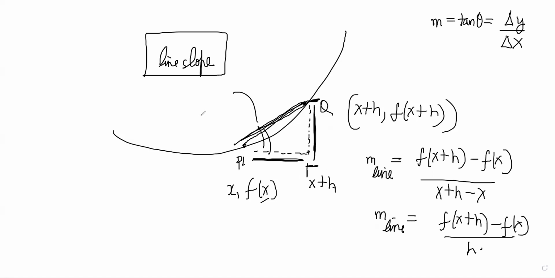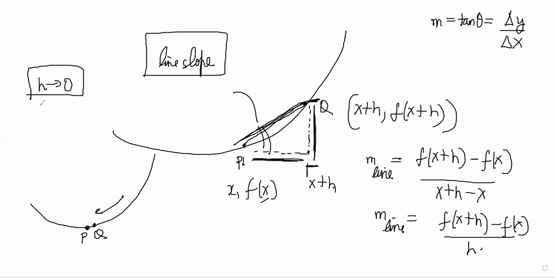Now, this is the slope of the line joining the 2 points which are not so close to each other. They are far away and you have a clear line there between them, right? However, if Q is brought closer and closer to P, basically you are saying h is tending to 0, right?